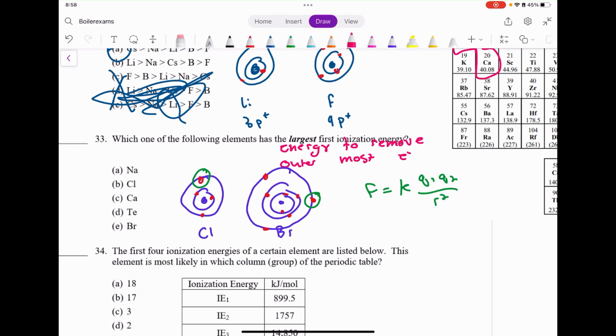And I just want you to notice here that as you go farther away, which is r squared, the distance, you are going to have significantly less force on those electrons. So this electron out here, this bromine outer electron, is way far away, and it's getting pulled on way less. So it's way easier to remove. I think that's kind of intuitive. You know, the electron that's farther away can be pulled out easier.